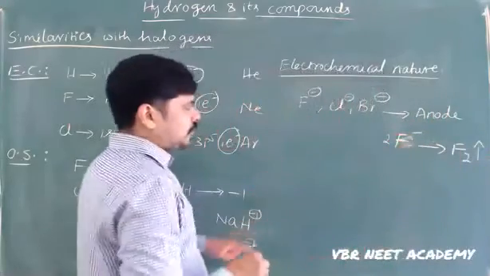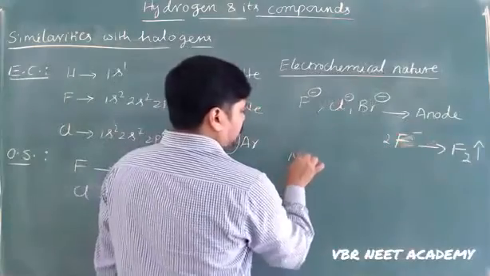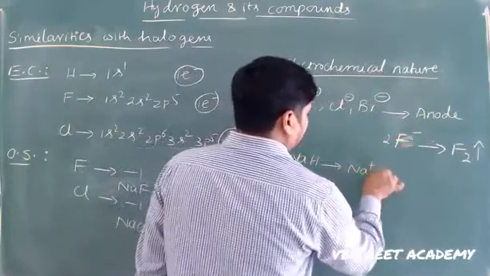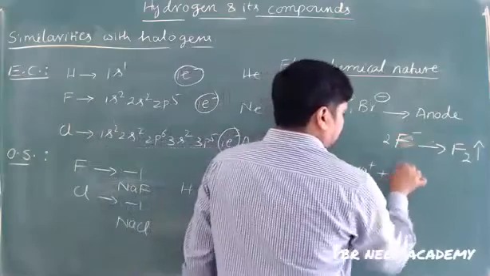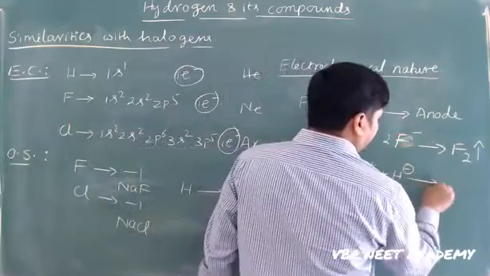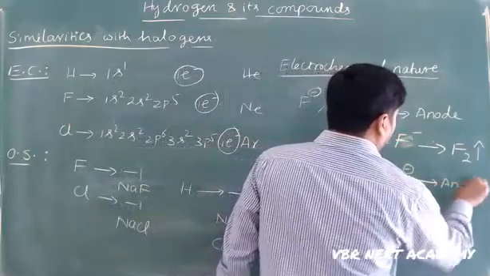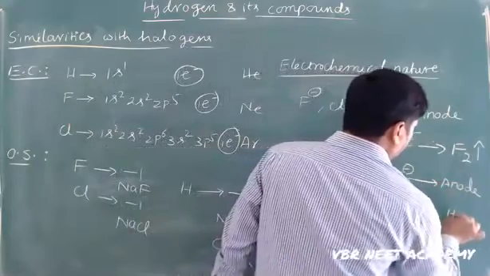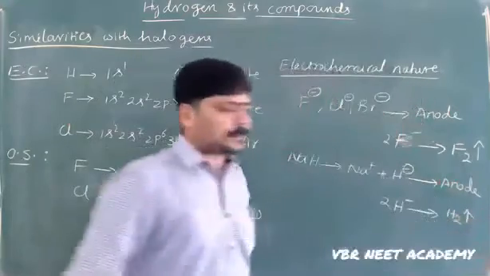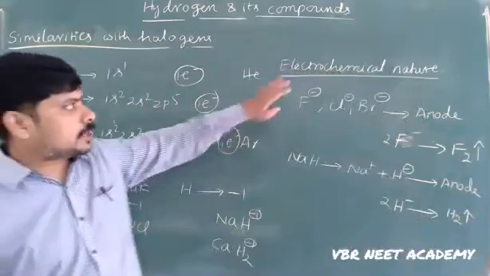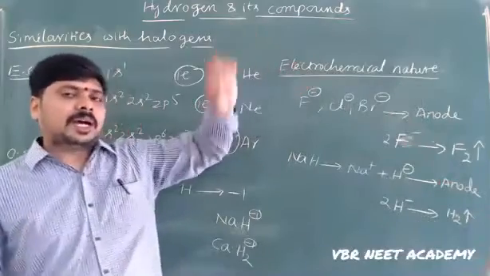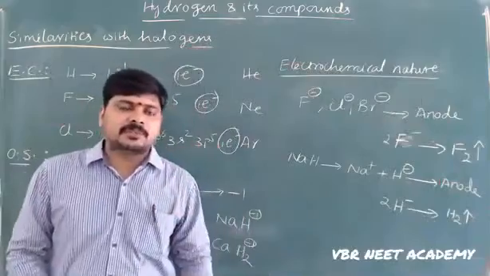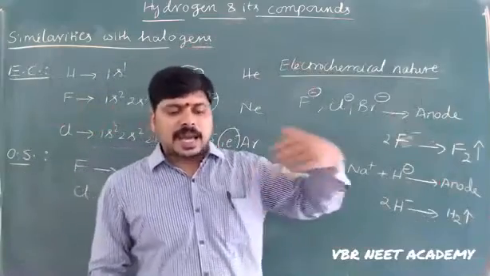In the same way, if you take sodium hydride, you will get Na plus and H minus. This H minus also moves toward the anode. At the anode, this H minus forms H2 gas. So what you can see in the electrochemical nature is that the polarity of the ion is the deciding factor for where that ion has to move.